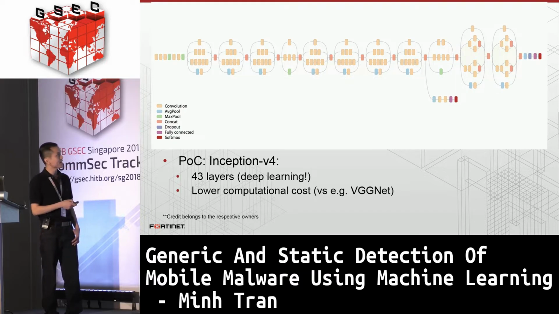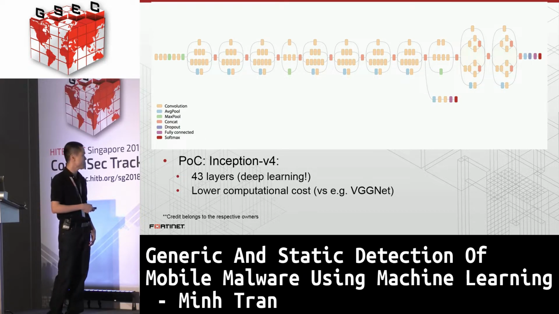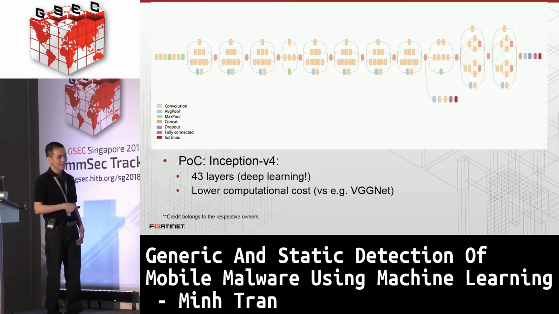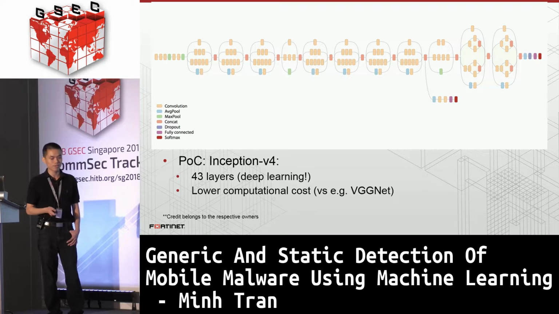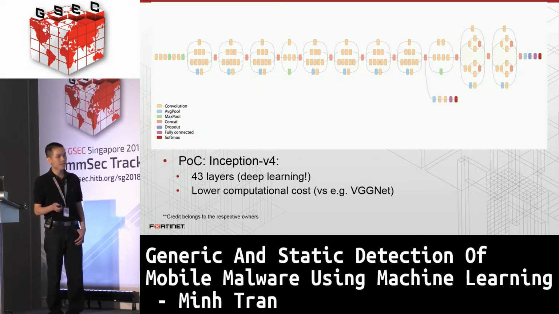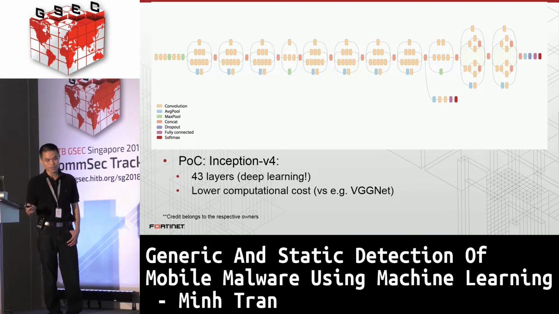The reason we chose this model instead of other models like GoogleNet or VGGNet is because it has lower computational cost. Why is this important? Because when you train this model, you only need fewer training steps than a bigger model, and even then it already takes a long time to train. Even more importantly, in production you would like to have higher throughput in classifying samples.